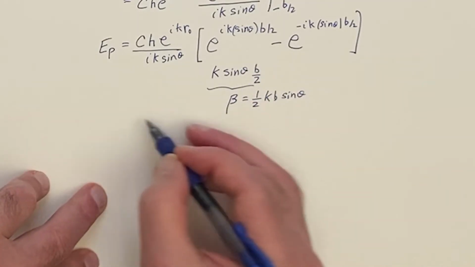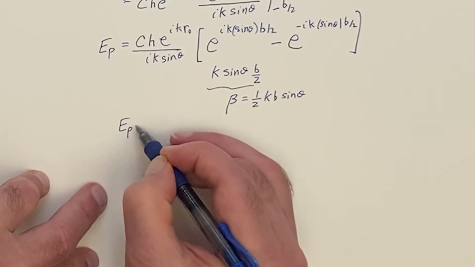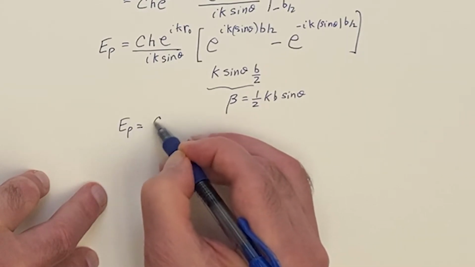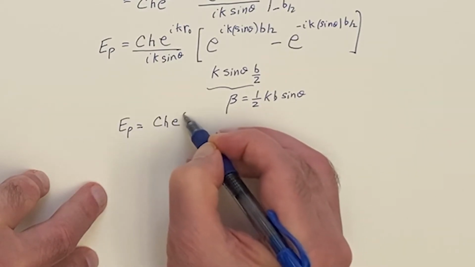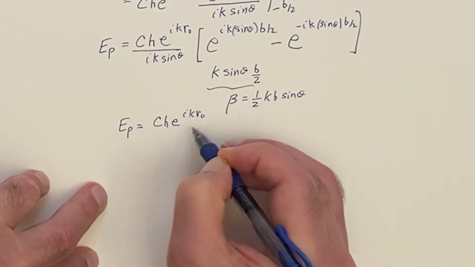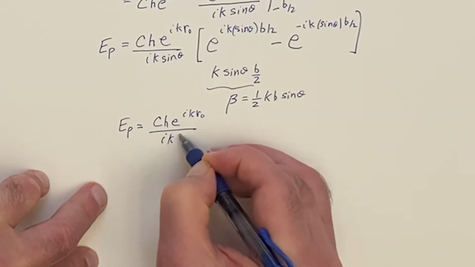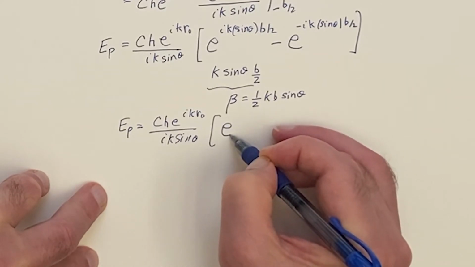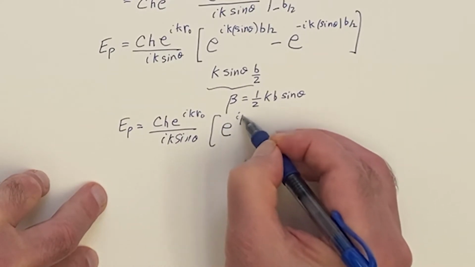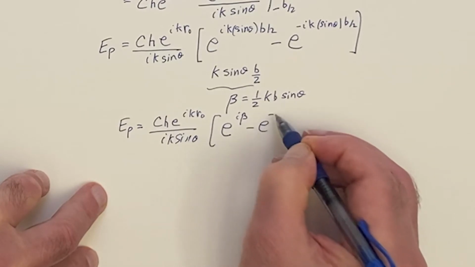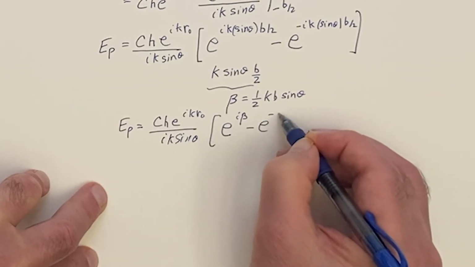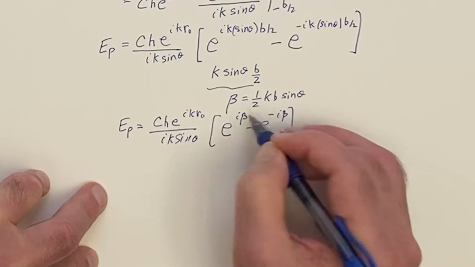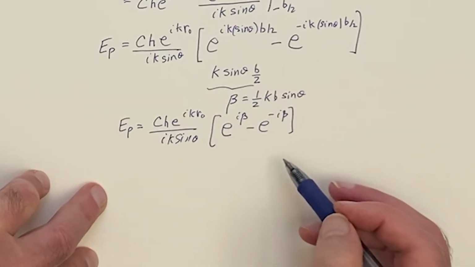We're going to have, in that case, E_P equals C h e to the i k r naught over i k sine of theta, times e to the i beta minus e to the minus i beta with that definition.